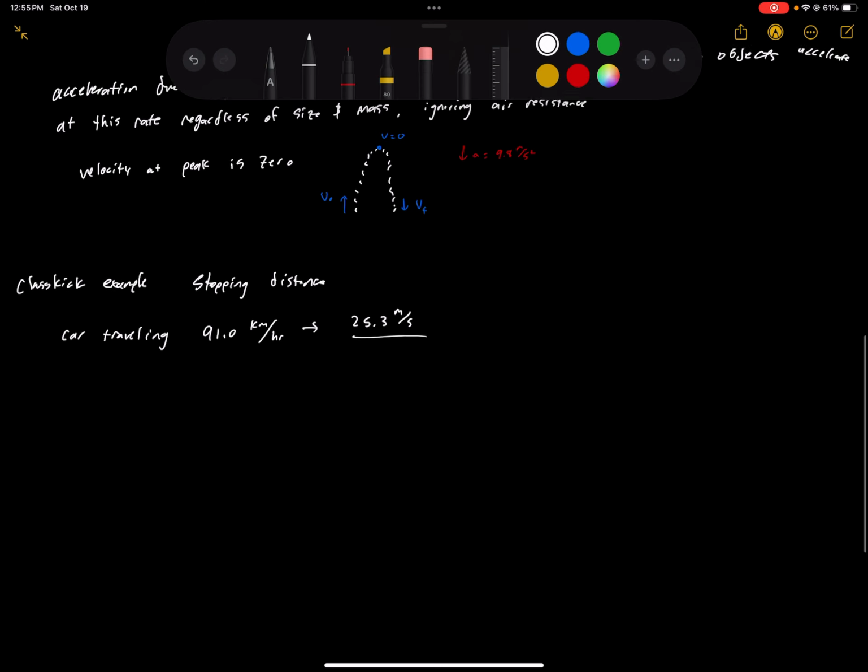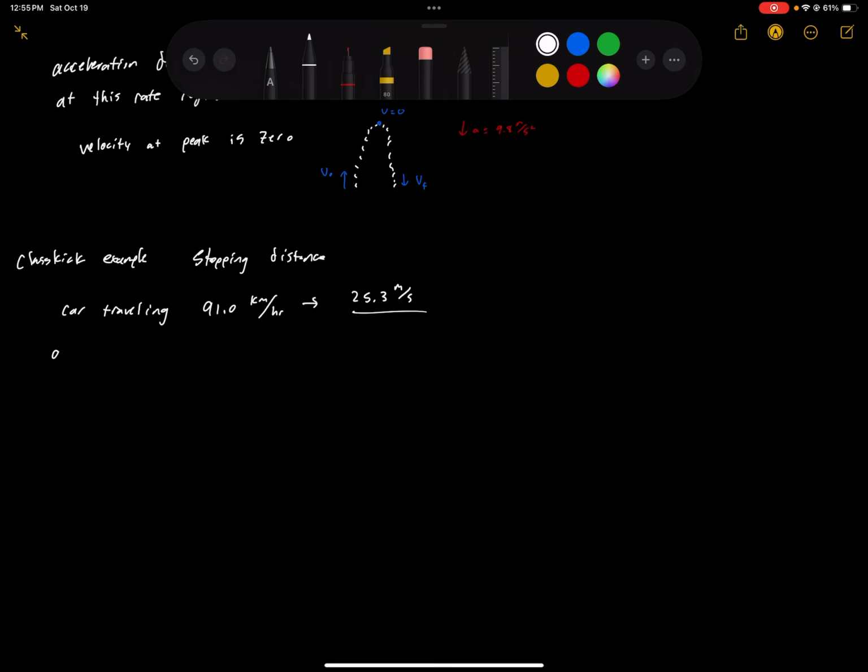That's going to be the velocity of the car. And let's say the acceleration is negative 6.4 meters per second squared. And now we need to figure out the stopping distance.